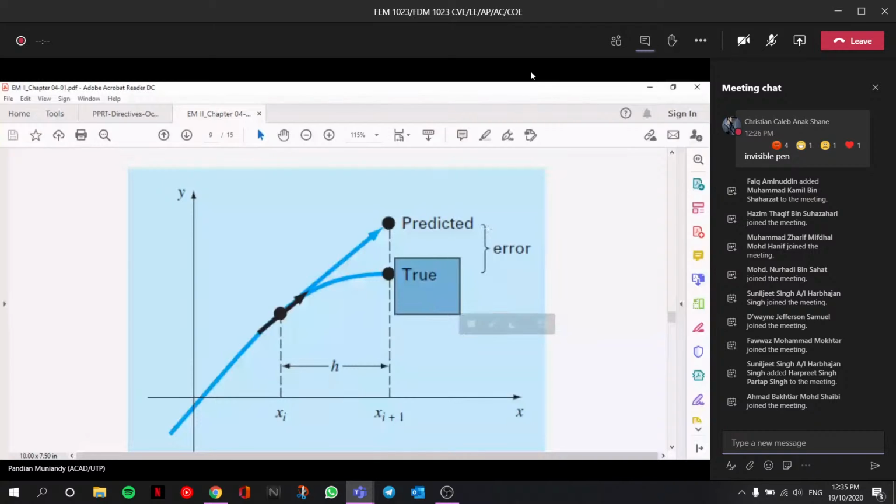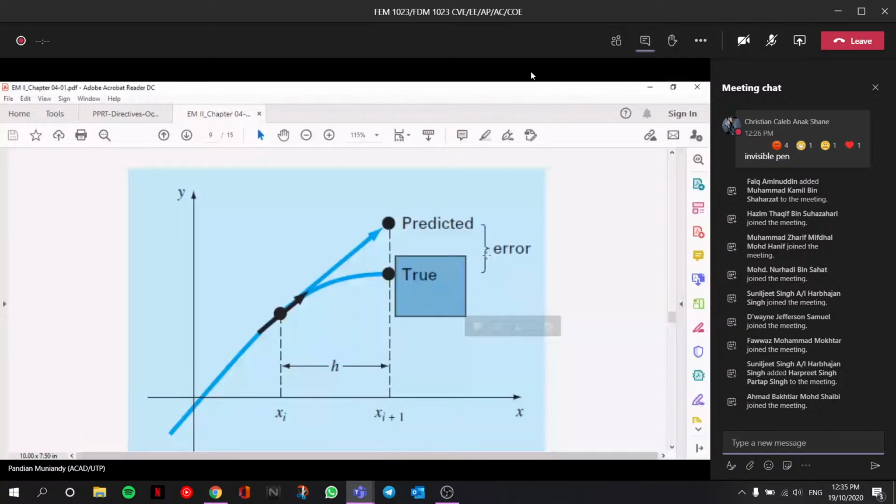Therefore, there is a difference. You can see the difference. So the height here is different. This height difference is called the error. So this error we have to calculate. But it's not easy. In order to calculate the error, you must know the true value. This is the problem. Without a true value, you cannot calculate the error.